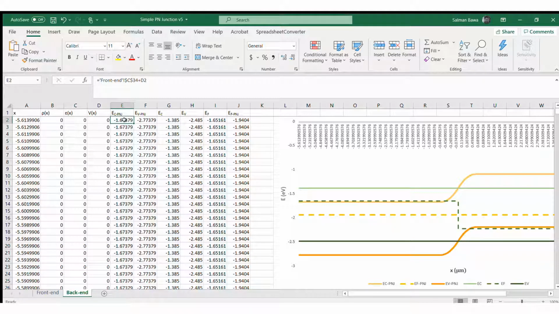And in addition to that, we will add the values of the potential to E sub c to give the final value of the E sub c of the PN junction. And then E sub v of the PN junction is simply E sub c minus the band gap.